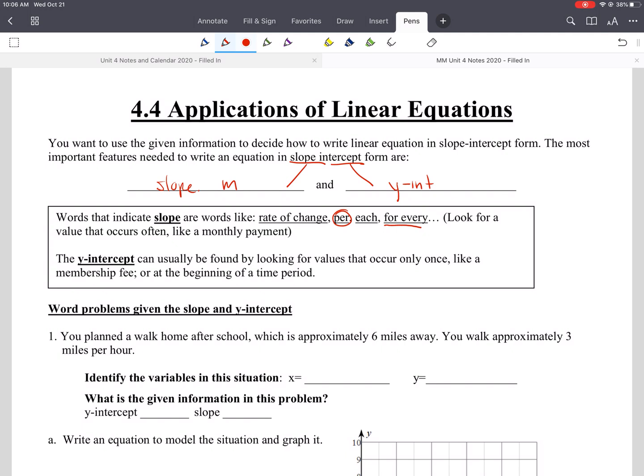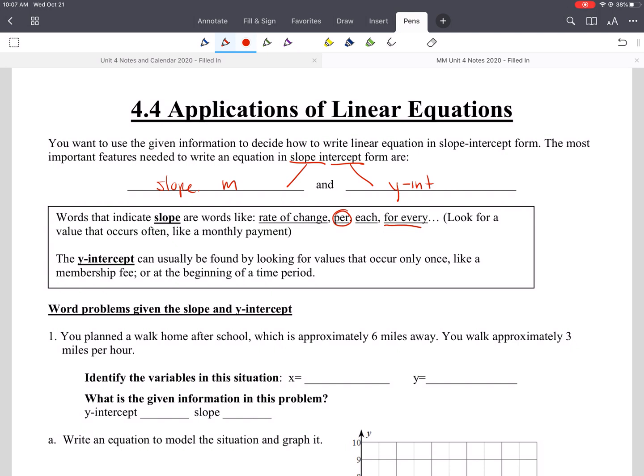Or I'm running 10 miles per hour, or I'm driving 10 miles per hour. Look for values that occur often, like monthly payments or stuff like that.